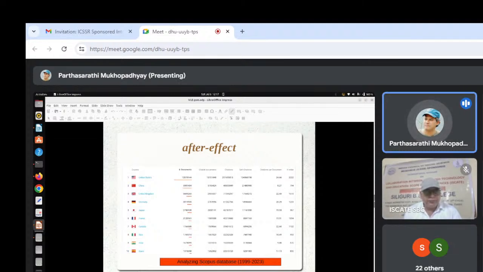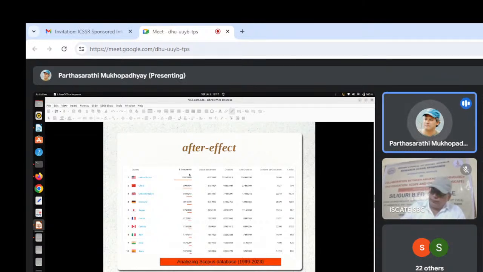Because the success of education of a given country is not measured by the number of graduates, postgraduates and PhDs you are producing. It is always measured indirectly by the number of research articles produced by a country. So here we have taken a big calculation. We utilized the Scopus database, the most comprehensive bibliographic database of the world.